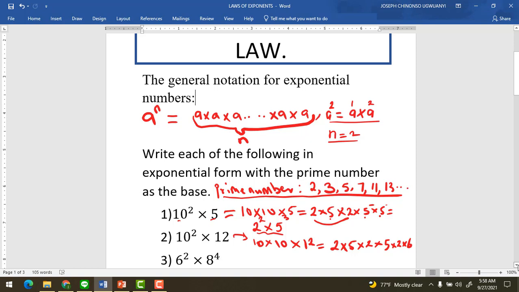We already have 2, 5, 2, 5. So we already have 5 exponent 2, and 2 exponent 3, sorry, 2 is already exponent 3.